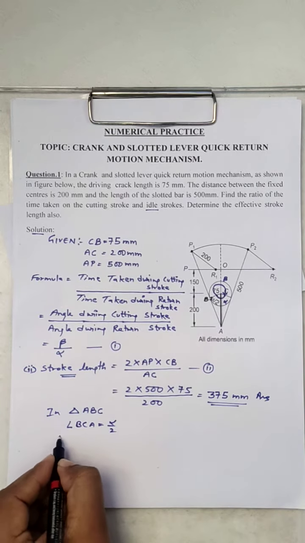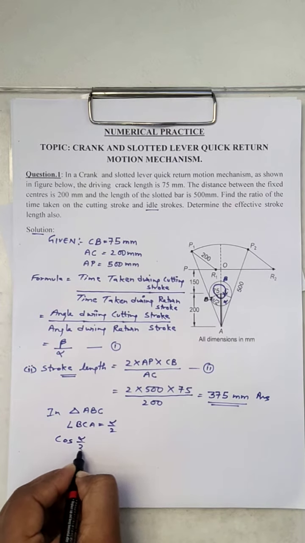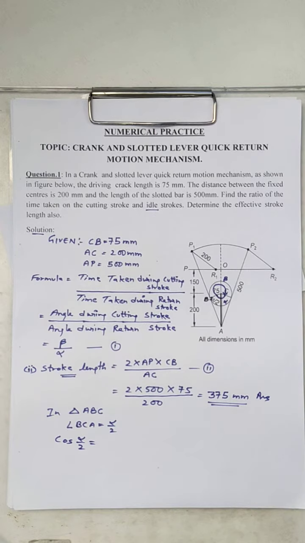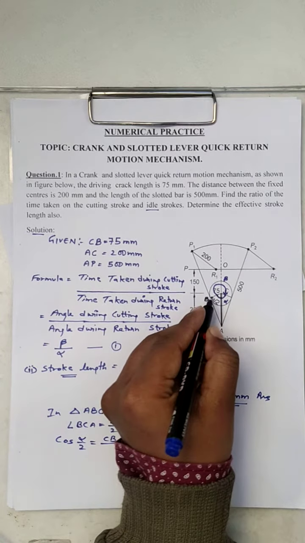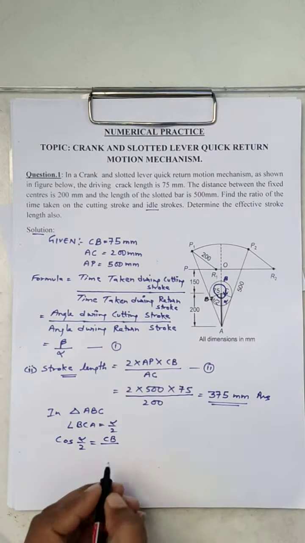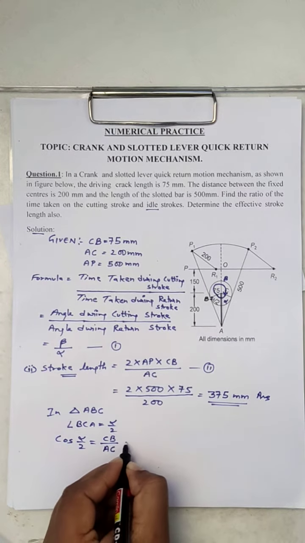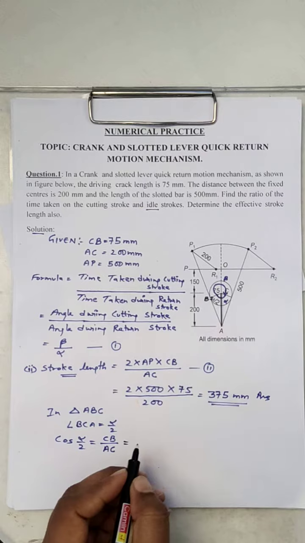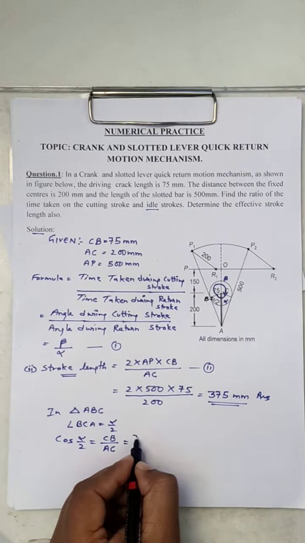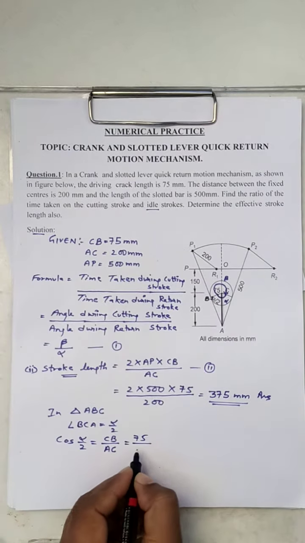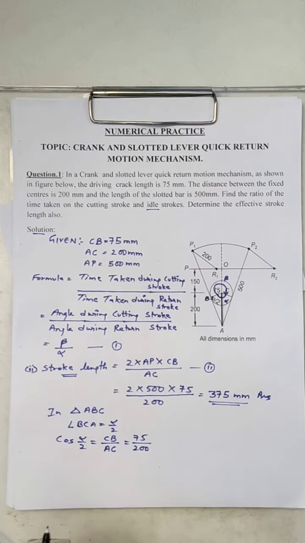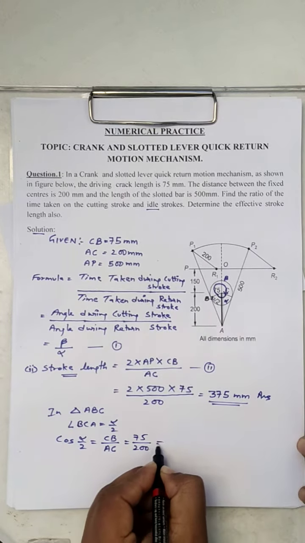So cos alpha by 2 will equal base upon hypotenuse, that is CB upon hypotenuse. Angle B is 90 degrees, so AC is your hypotenuse. Put the value: CB is how much? 75 mm. AC is how much given in the question? 200.